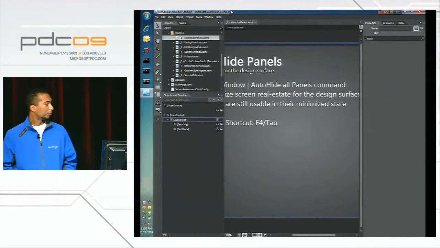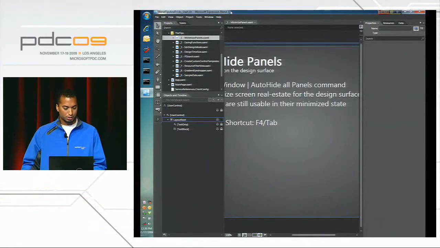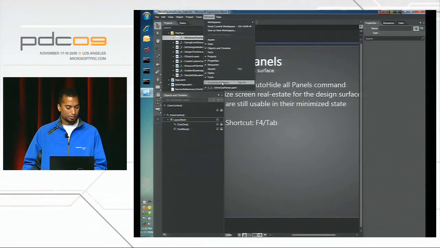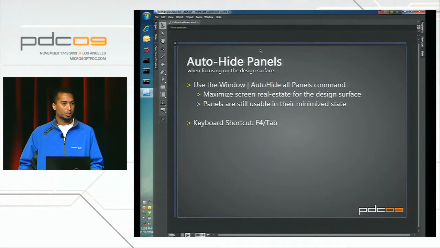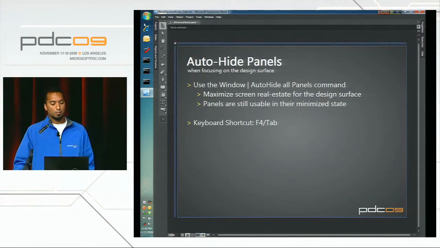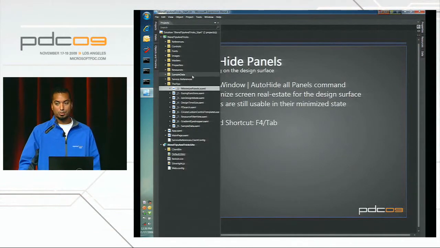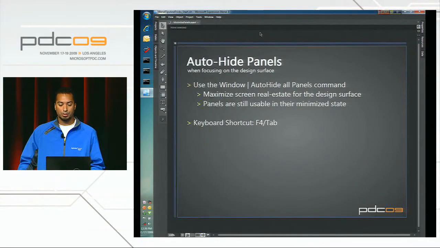So I'm going to switch over to Blend. This is Blend 3. And the first tip I'm going to show you is that you can press Window, Auto Hide Panels to minimize all the panels and run them from a minimized mode and give you the most screen real estate on the design surface. Each panel is still usable from its minimized mode. The real point here is that the Blend UI is actually extremely configurable in Blend 3.